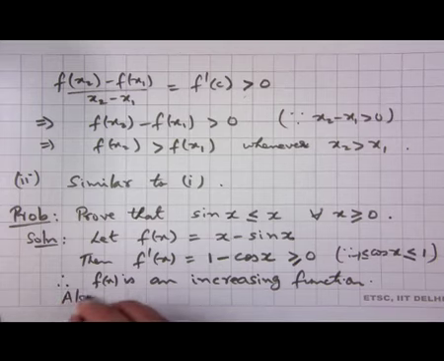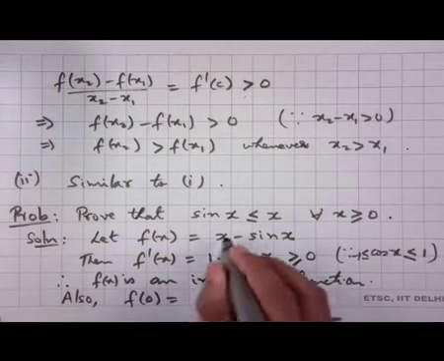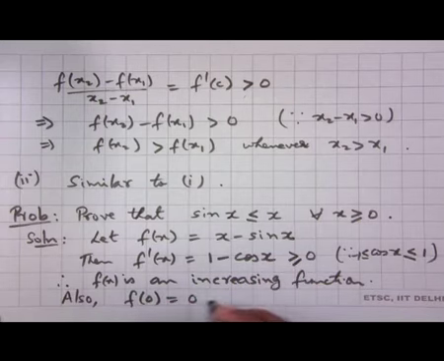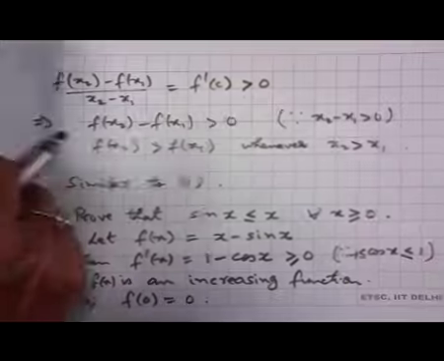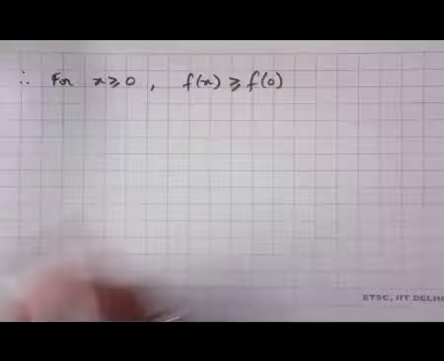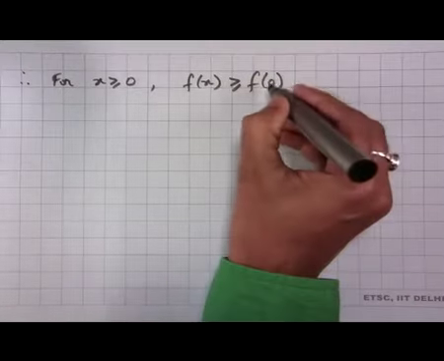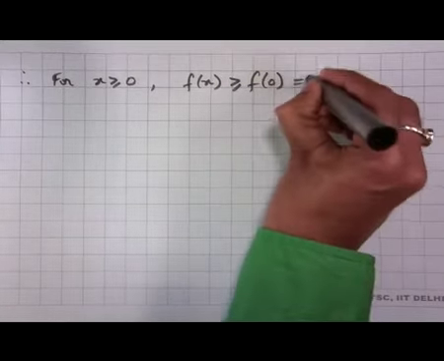Also, if you put x equal to 0, f of 0 is 0 minus sin 0, which is equal to 0. So, therefore, for x greater than or equal to 0, we must have that f of x is greater than or equal to f of 0, since f is an increasing function, but this is equal to 0.